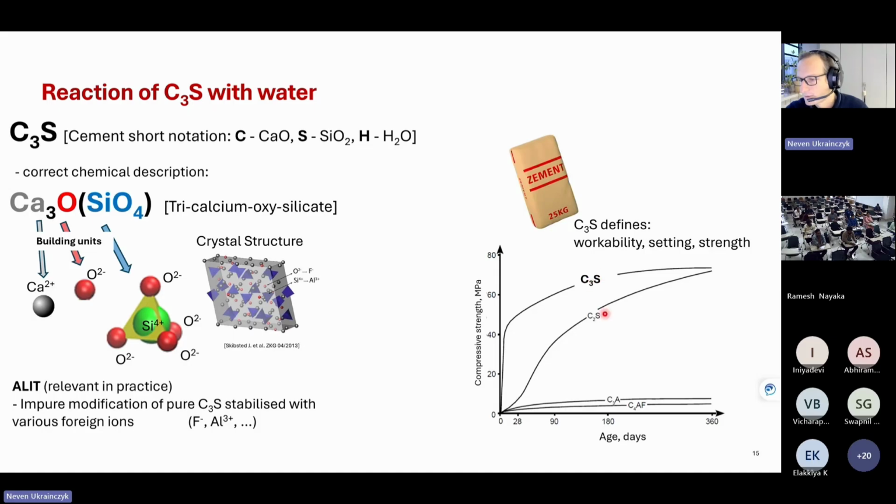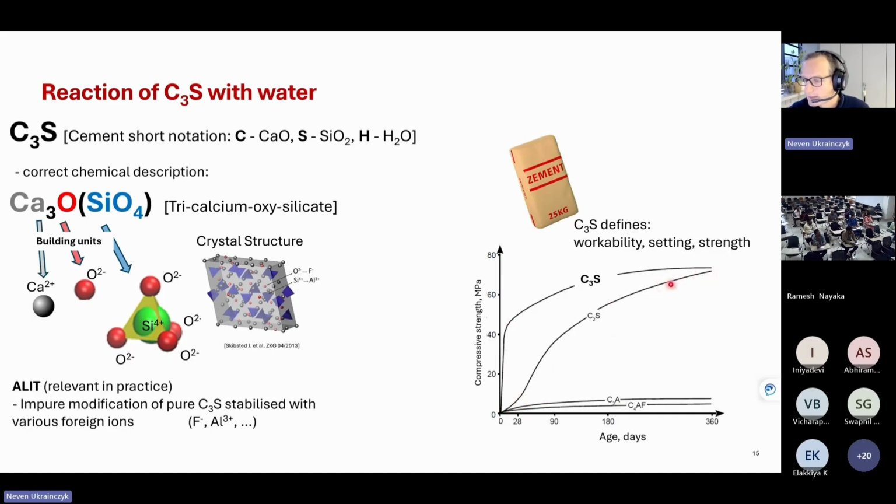And we also have other minerals like C2S and C3A. If you plot the compressive strength development with time, you would see that C3S is the most important mineral that reacts and gives the highest early strength. Other minerals are also important.